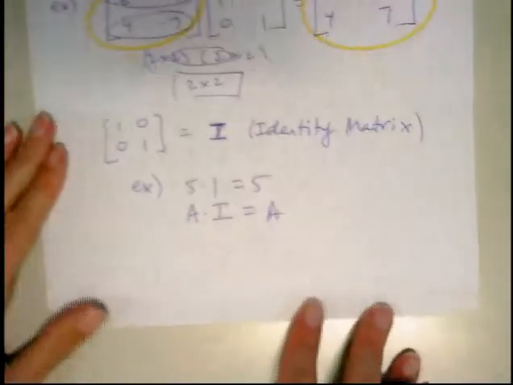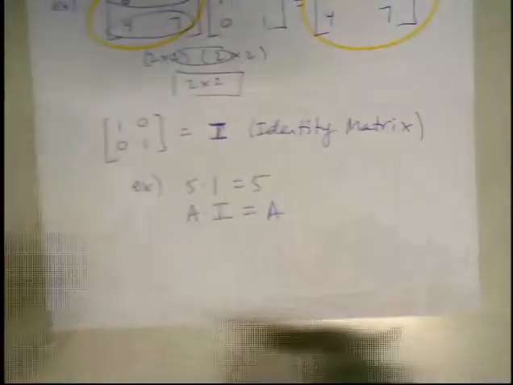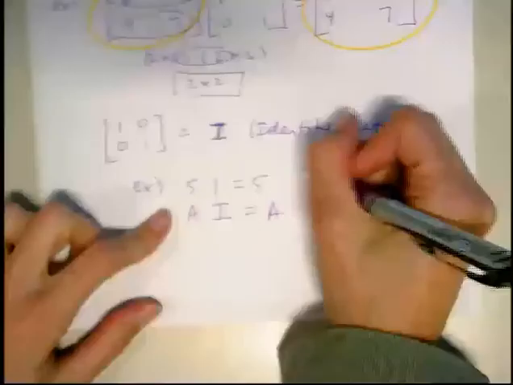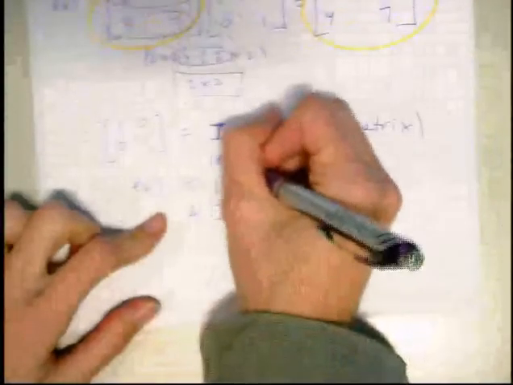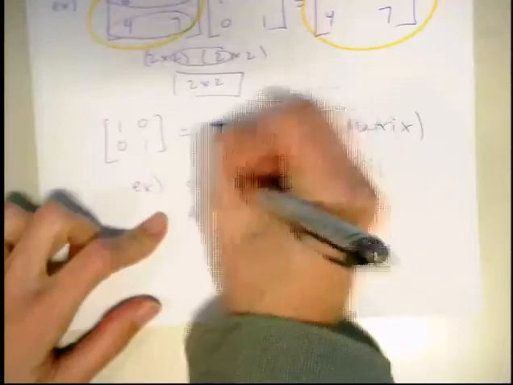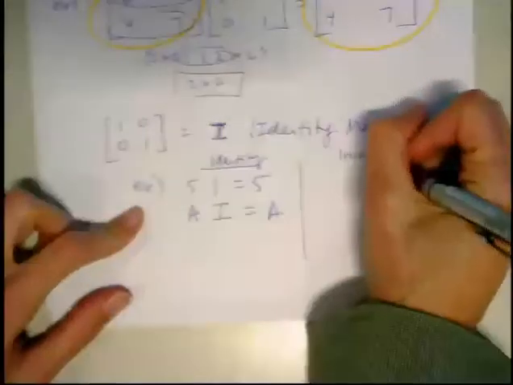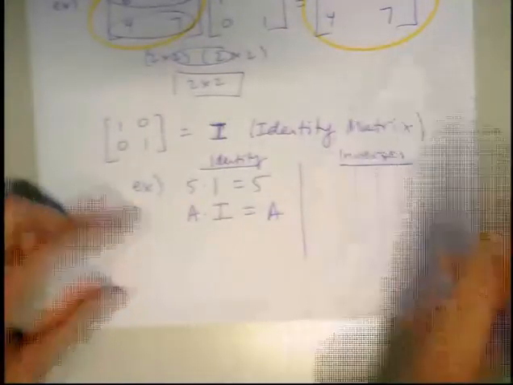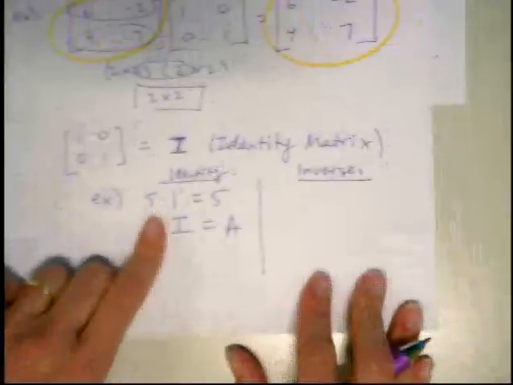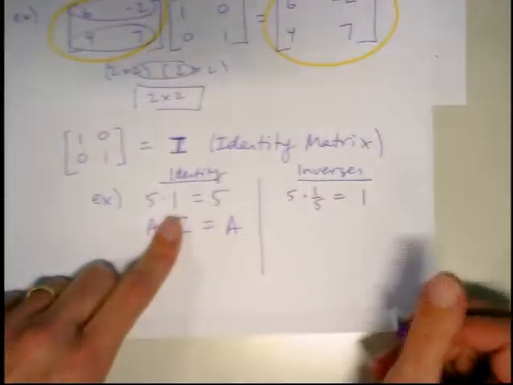So that's my identity matrix. If that's true, I should be able to get to the identity matrix. We had inverses, so this is the identity, but we also had inverses in addition. But if I wanted the inverse in multiplication, I multiplied by the reciprocal. So 5 times 1/5 equaled 1. It got me back to the identity.